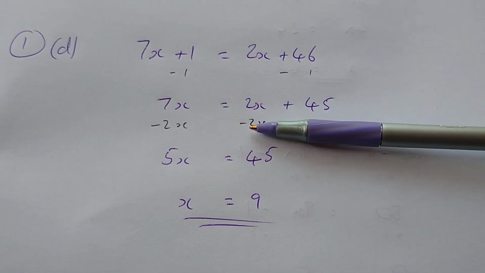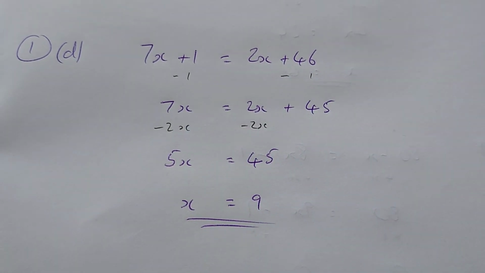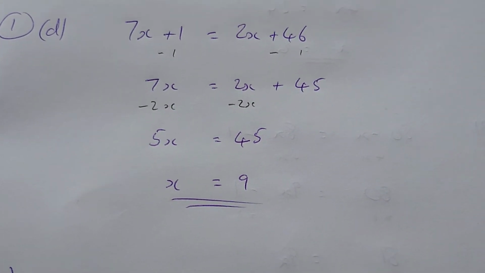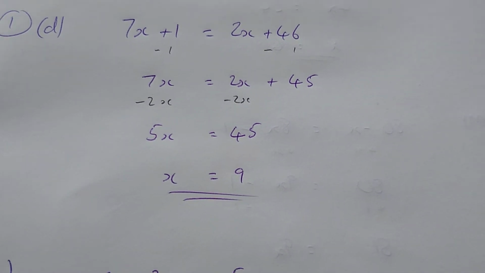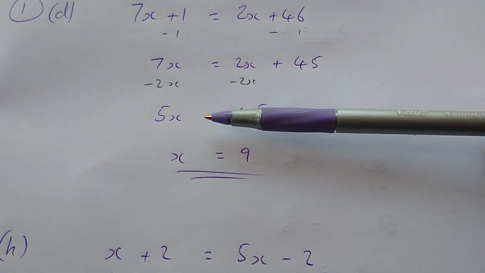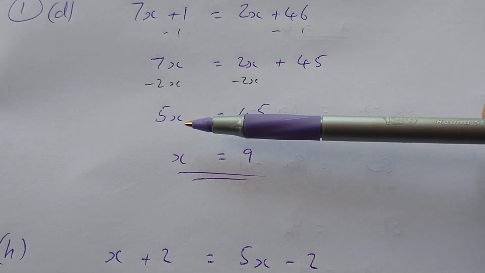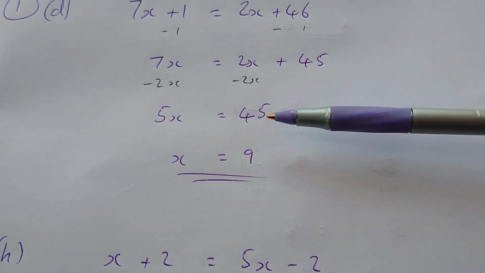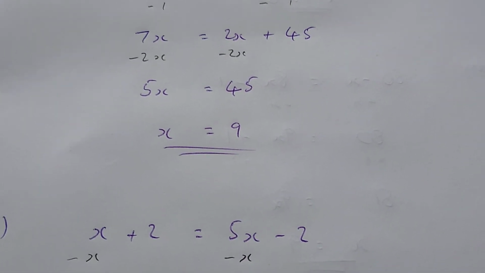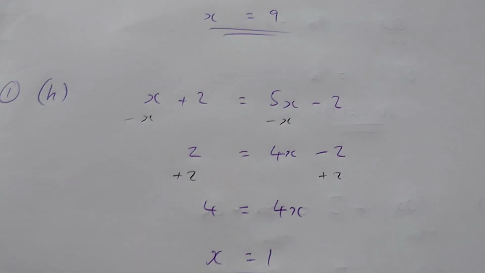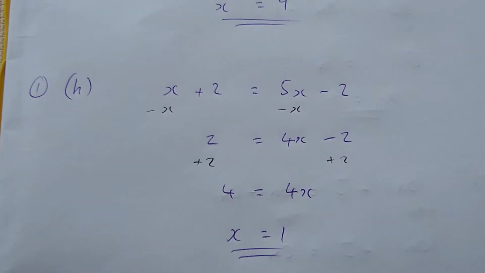Now, if I minus 2x from the right-hand side, I must also minus 2x from the left-hand side of the equal sign to keep it balanced. So that leaves me with 5x equals 45. Then divide both sides by 5. x equals 9.